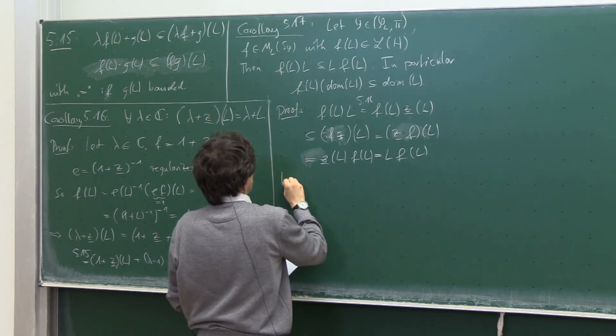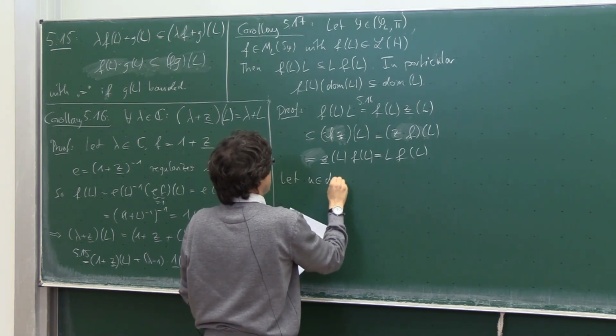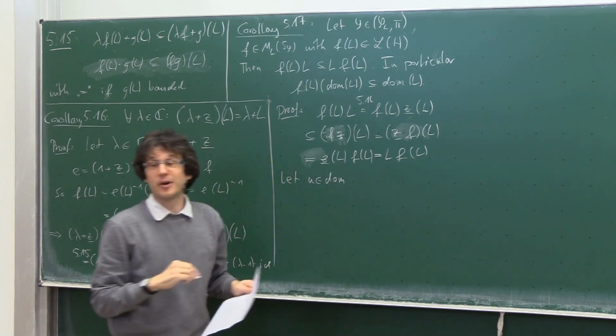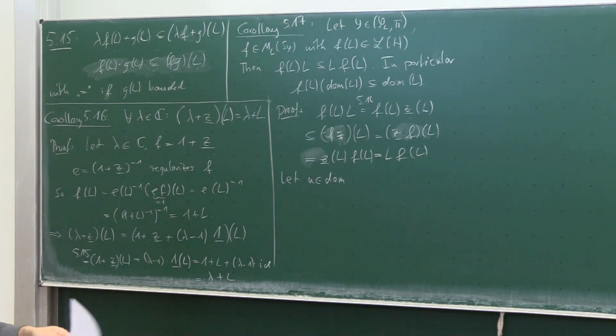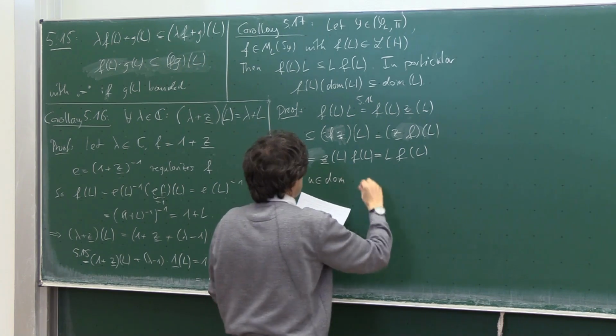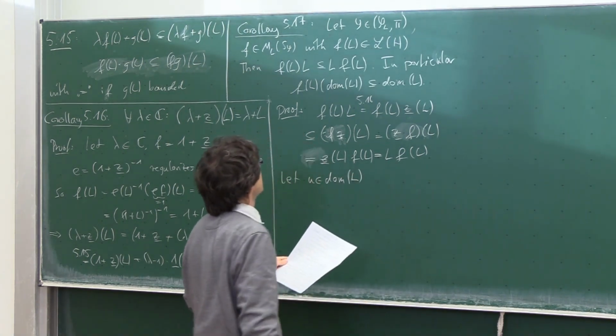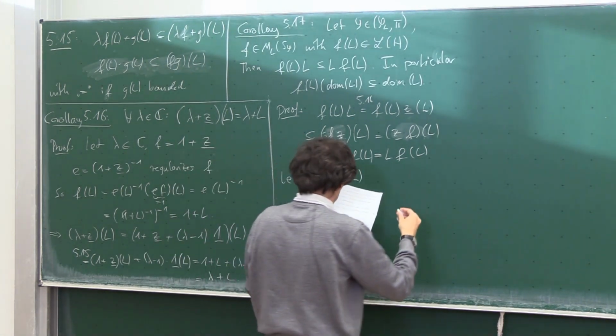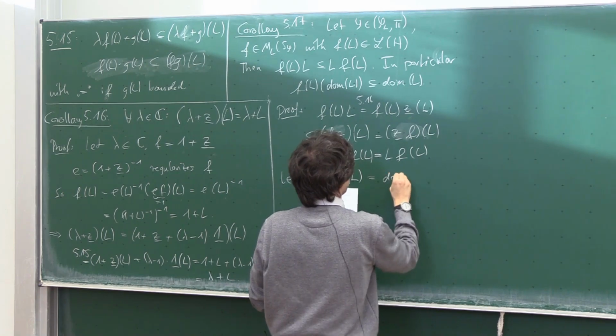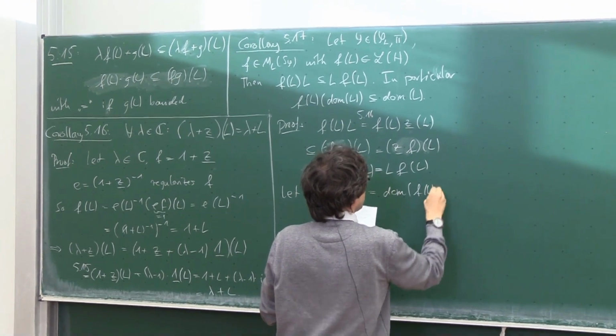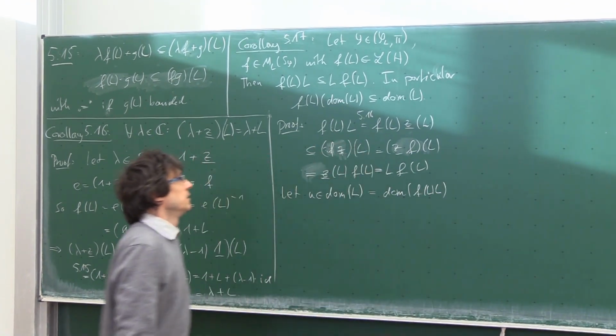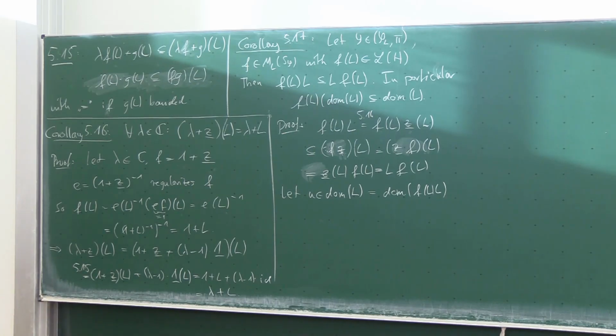And now let's see why this property of the domain follows. People who have worked with commutators of unbounded operators before probably have seen this. Take u in the domain of L. The domain of f of L, L is the same as the domain of L, because f of L is bounded. The domain of f of L, L is all elements in the domain of L, so thus Lu is in the domain of f of L, but the domain of f of L is everything.